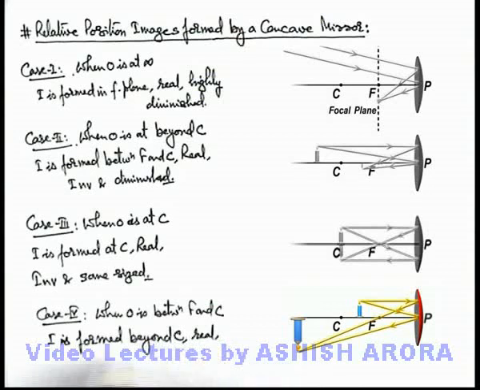It is real. Here we can see it is inverted, and by similarity of triangles we can prove that the image size is more than the object size. So here we can write it is enlarged also. One more case is there for the situation. Let's continue on the next sheet.